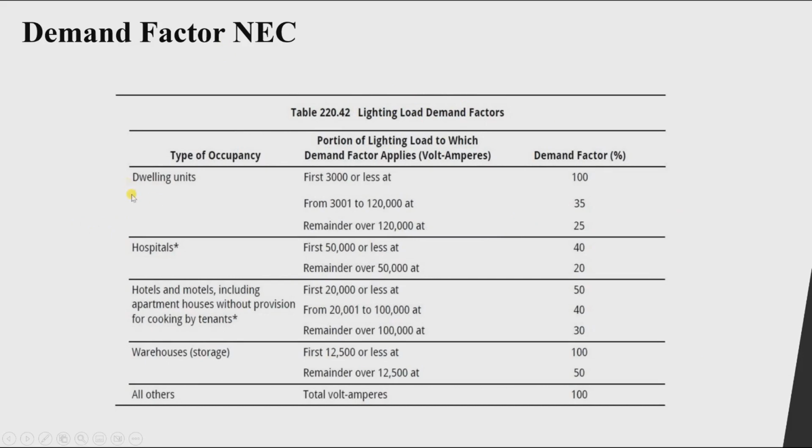if you have dwelling units and its power in volt ampere for lighting loads is 3000 or less, take it at 100% demand factor. So what does this mean? If you have a dwelling unit, its lighting load is, let's say, 5000 volt ampere, and I would like to know the demand factor.